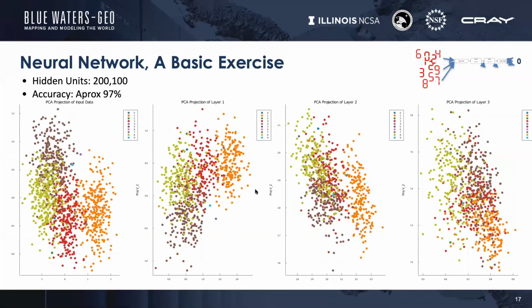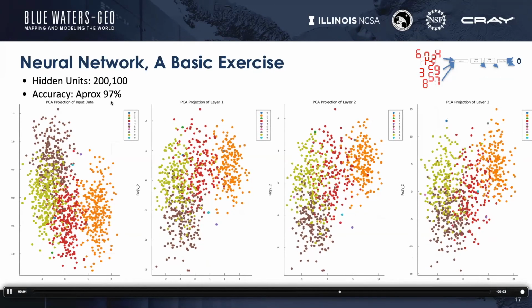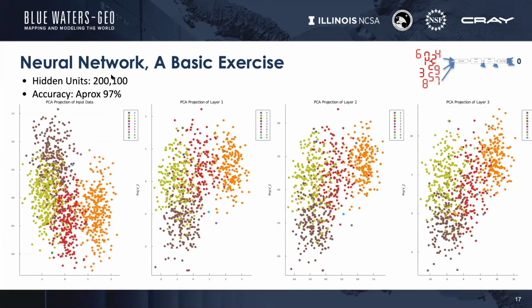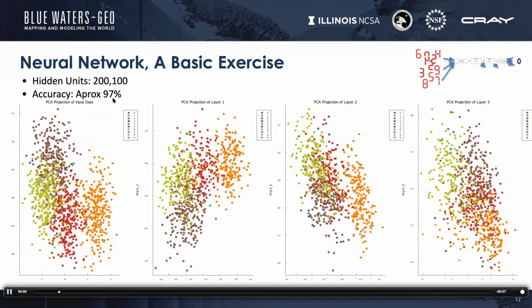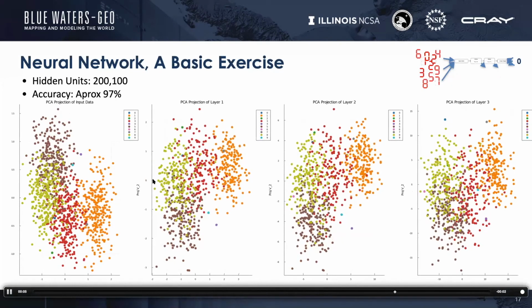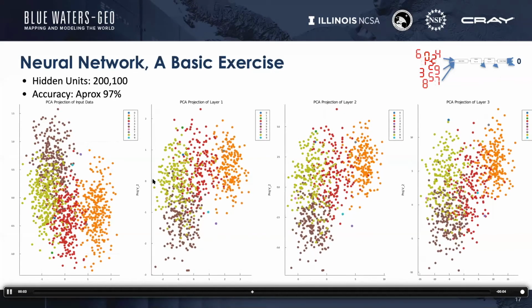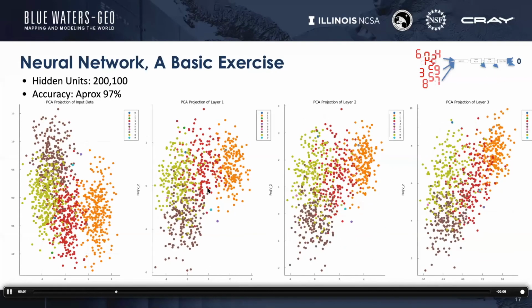All right, what happens when we use way too big of a model? Hidden units of 200 and hidden units of 100. We got a little better accuracy. We got 97%, but we increased the size of our model by an order of magnitude and only gained 7%. Looking at the way the training is teaching the model how to deform the data, there's really not that much action going on.